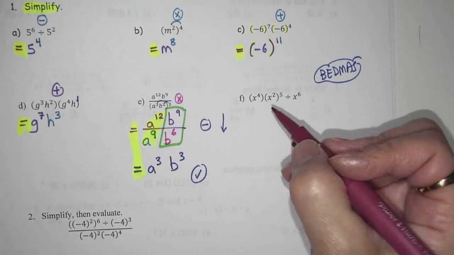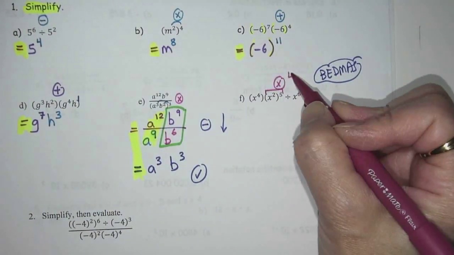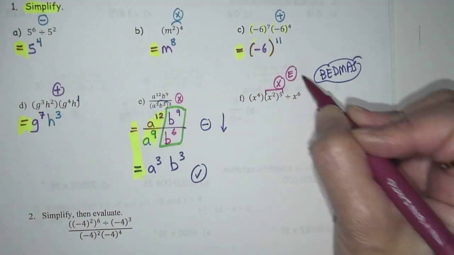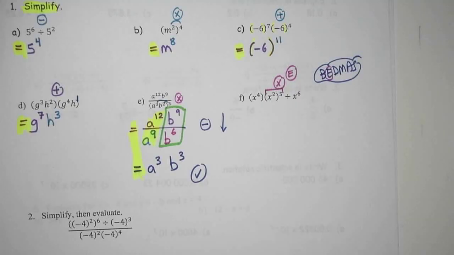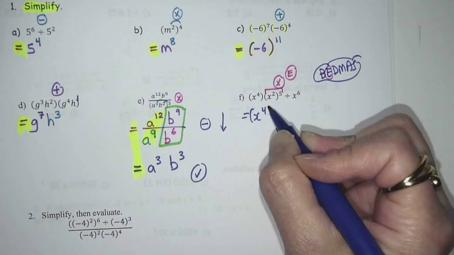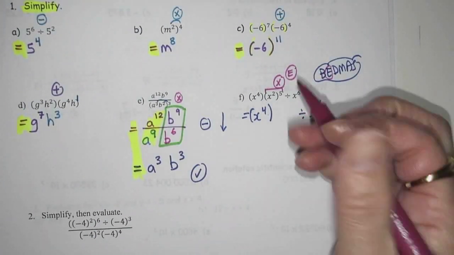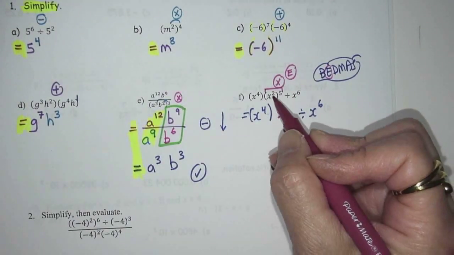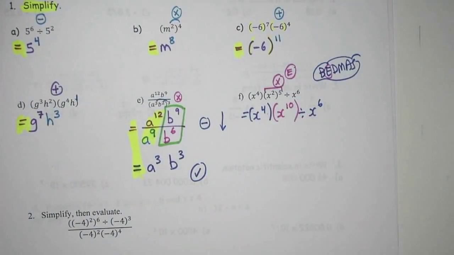And when we look at this, we know this will be a power to a power, so we're going to multiply. That's the E part, the exponents part of the BEDMAS. You can do the division and multiplication after. So the first thing I want to do, though, is write this as is, like this. And we're keeping the base of x, and 2 times 5 is a 10.